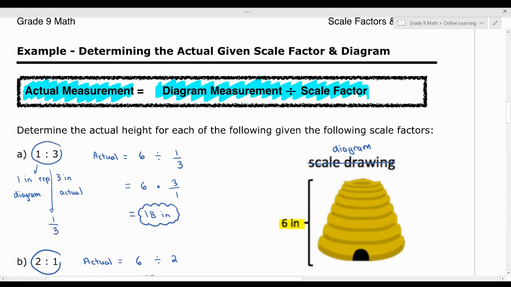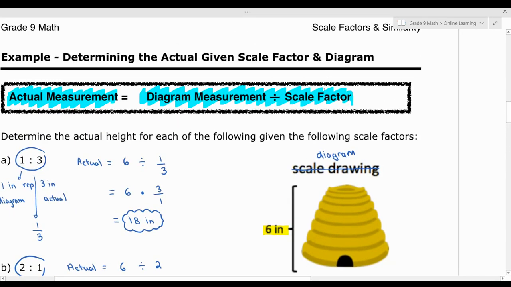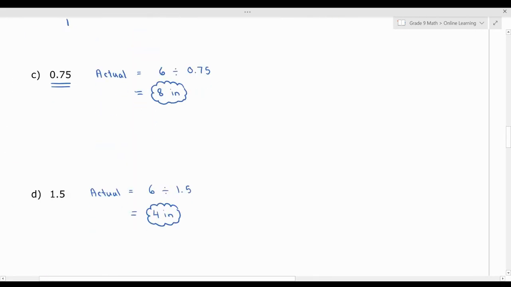So one last thing I might want to add up here, when you're talking about the scale factor, you probably want to use fraction or decimal format. So the first two, we switched them to fractions, and the second two, questions C and D, were actually written as decimals.